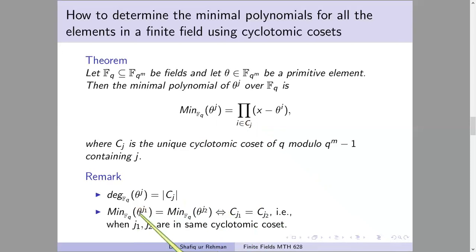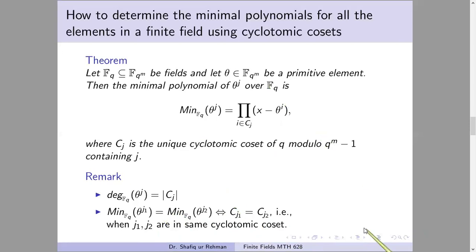The minimal polynomial of theta power j1 will be equal to the minimal polynomial of theta power j2 if and only if Cj1 is equal to Cj2, that is, j1 and j2 are in the same cyclotomic coset.